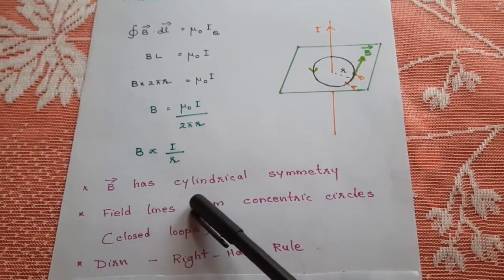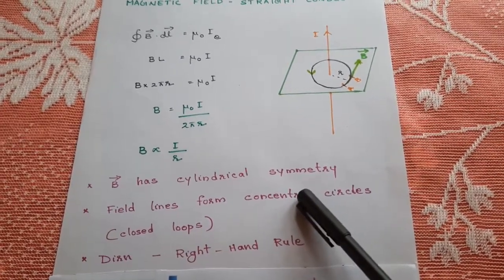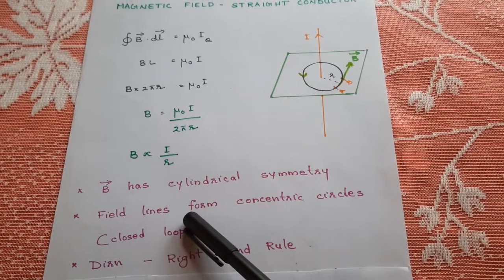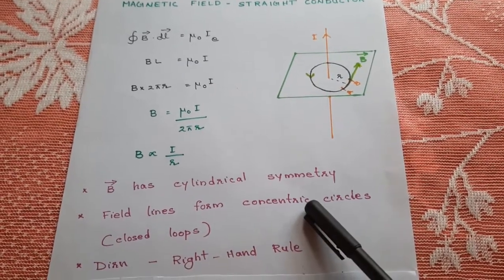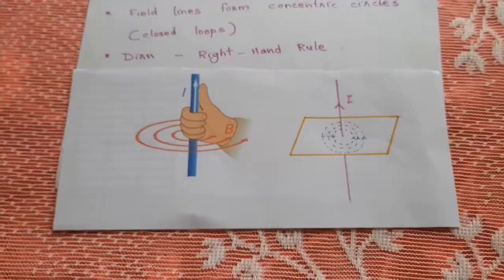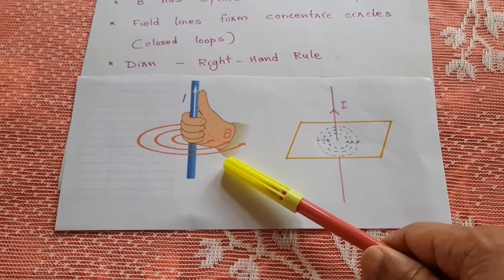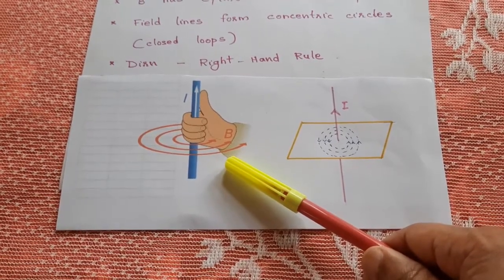And for a long conductor, the field has cylindrical symmetry, and the field lines form concentric circles, closed loops around the conductor. The direction of magnetic field due to a straight conductor is given by the right hand thumb rule.